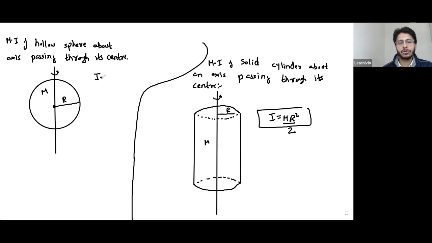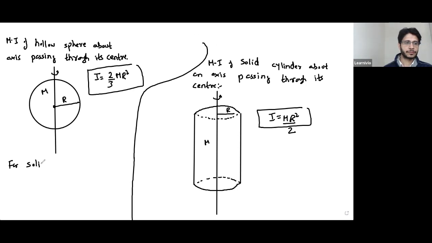The moment of inertia about this hollow sphere is 2 by 3 mr square. But instead of hollow sphere, if you have a solid sphere, this is your solid sphere, and this is the axis which is passing through the center. Then for solid sphere, your moment of inertia comes out to be 2 by 5 mr square.